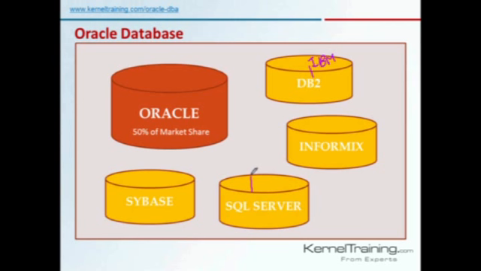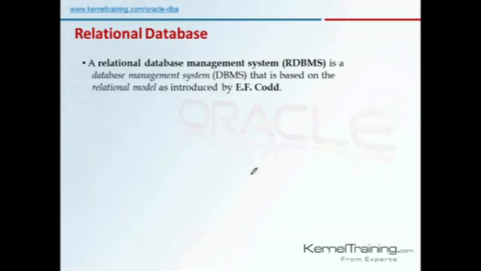We have already seen what a relational database management system is, which is based on the relational model introduced by E.F. Codd. E.F. Codd was a person who designed some rules, and based on those rules you define whether this is an RDBMS database. Those rules we will see in your SQL class. If you are a fresher, don't worry.